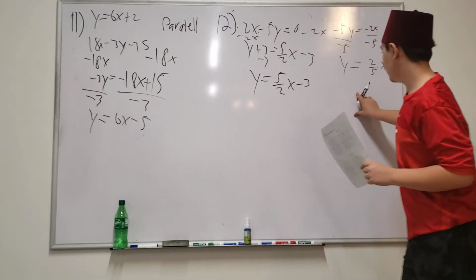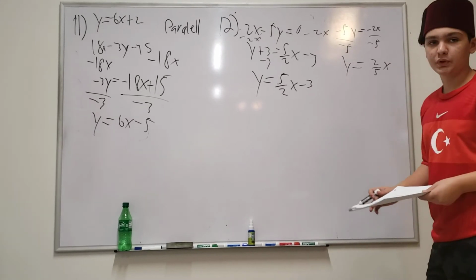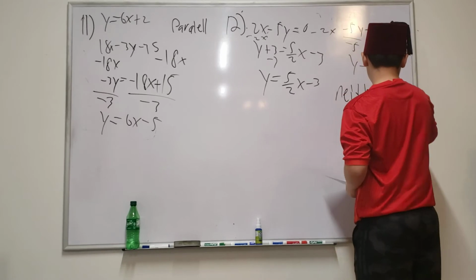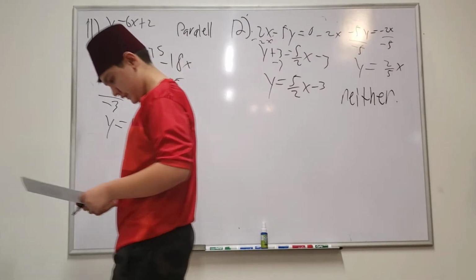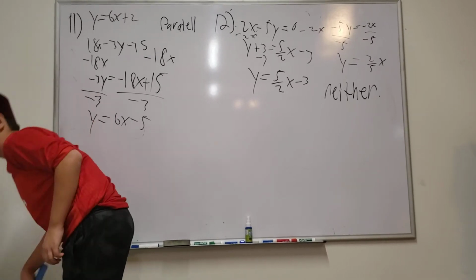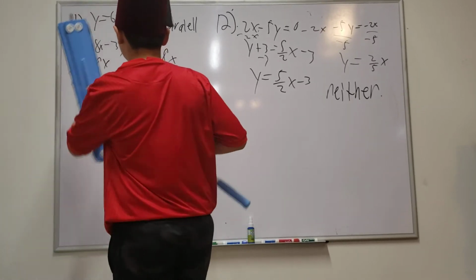They don't have the same slope, and they're not opposite reciprocals, so this would be neither. Okay, so that's that for this problem set. Move on to the next one.